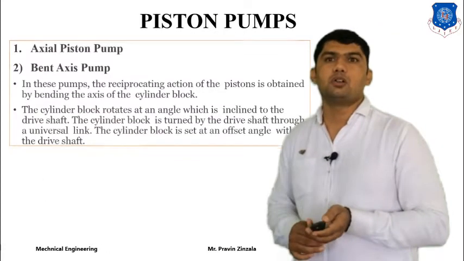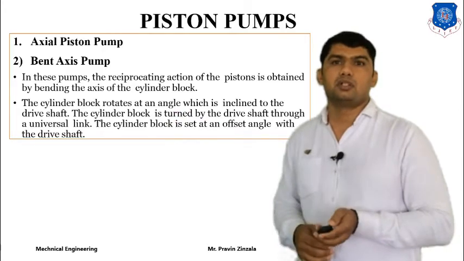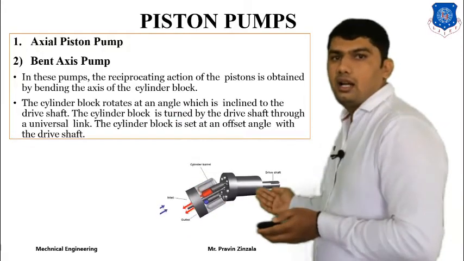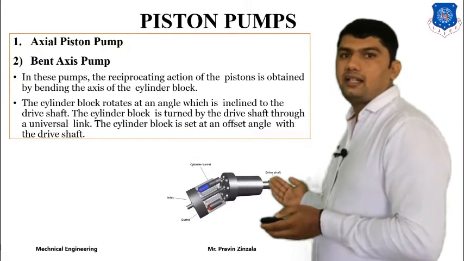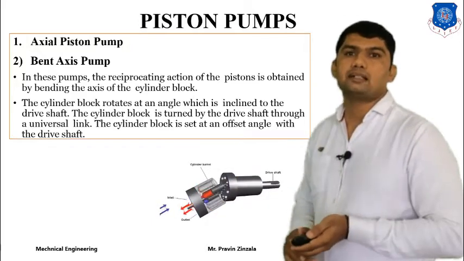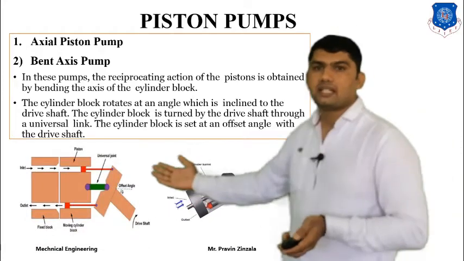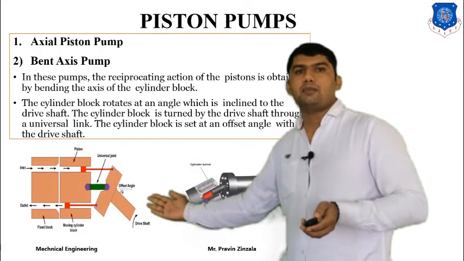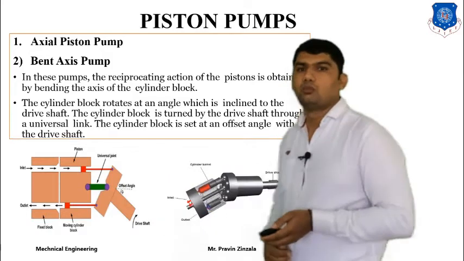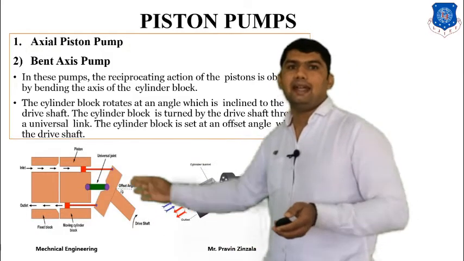Now we will discuss the axial pump in which there is a bent axis piston pump. Here there is an angle between the electric shaft and the cylinder barrel, so it is called a bent axis piston pump. This is the schematic diagram. The shaft is rotated by the electric motor, and the piston barrel also rotates, but at an angle.